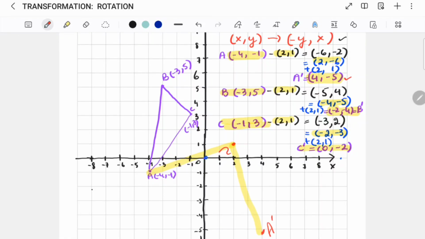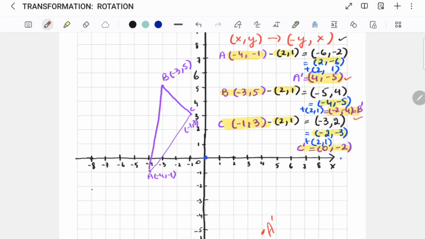Your distance from the center to the object and from the center to the image will be equal, and your A is coming anti-clockwise towards this side. Okay, so this is your answer, and we have checked it also. Okay, now the second one. The second one is minus 2 and minus 4, which is B prime.